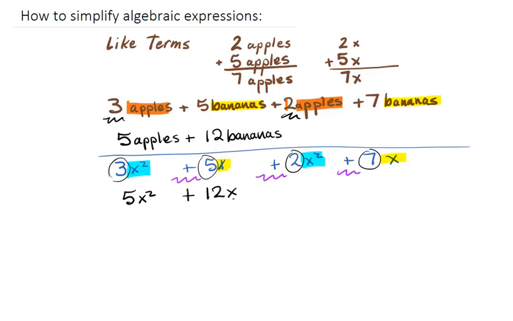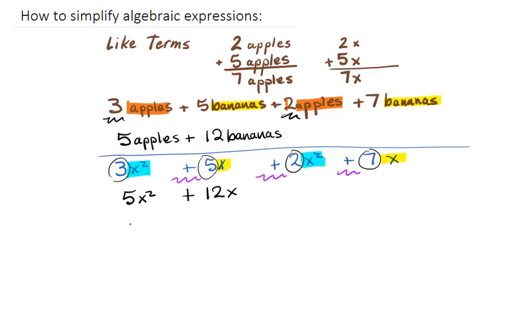Now there are some basic ideas you want to keep in mind for combining algebraic expressions or combining like terms. The first is you look at a statement, and if there are no parentheses, you just combine the like terms like we just did.